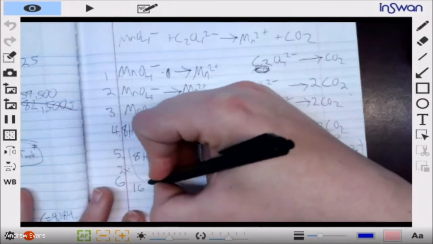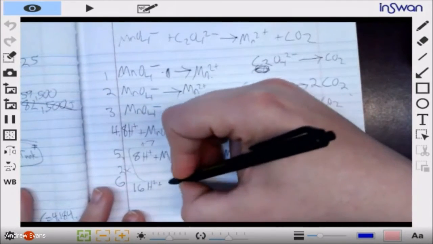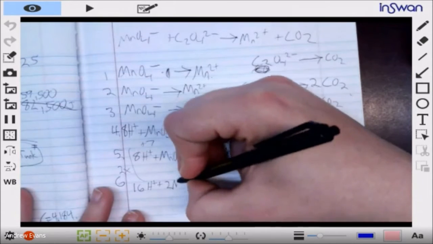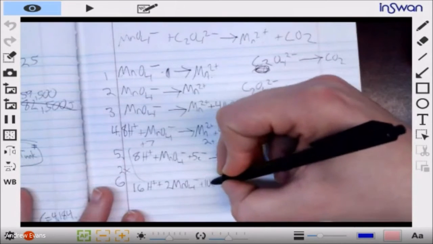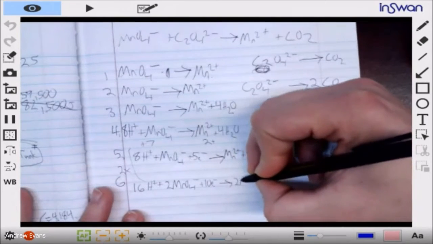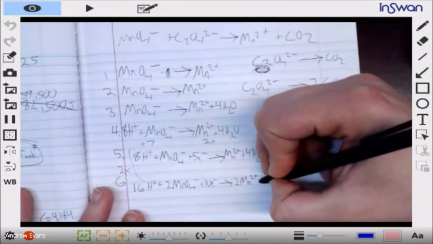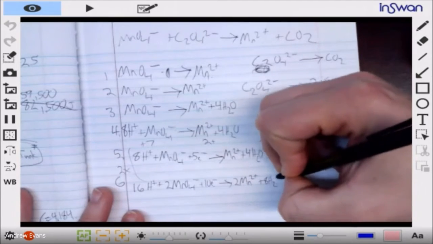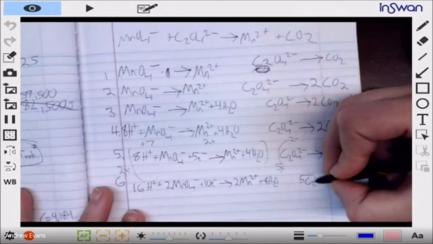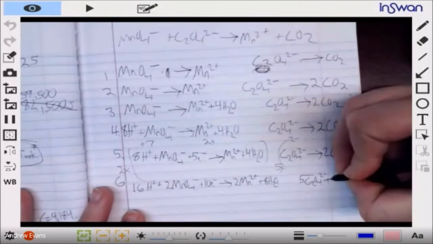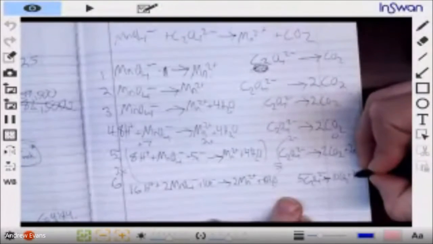So we have 16 H+, 2 MnO4 minus, plus 10 electrons, goes to 2 Mn2+ and 8 waters. And we have 5 C2O4 2 minus going to 10 CO2s, and 10 electrons.